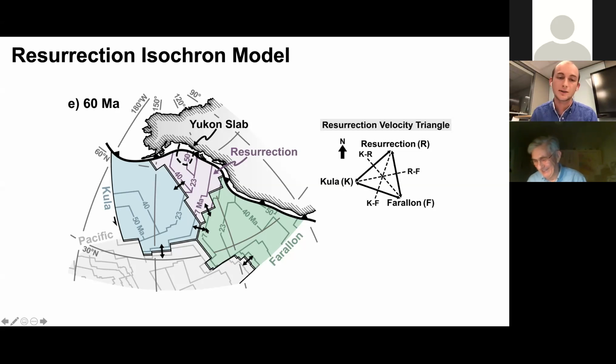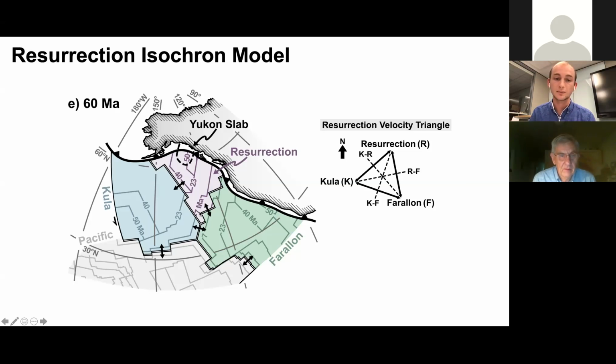I think looking at these projected conjugate seafloor isochrons starts to answer that question, because when we look at the position of the Yukon slab, essentially its modern-day position projected backward in time, we can see that it resides directly below the Resurrection plate, but more specifically the western half of the Resurrection plate, which happens to be composed of oceanic lithosphere which is much older than the eastern half.